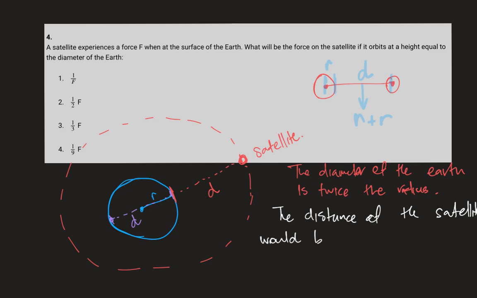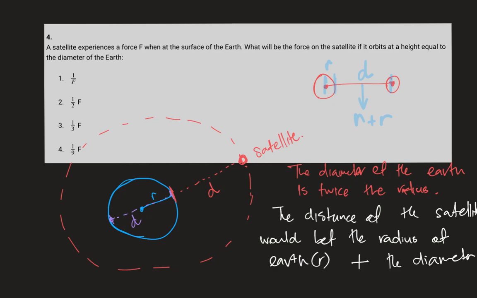It would be the radius of Earth, which is the little r, and so plus the diameter of Earth, which is another r plus another r.